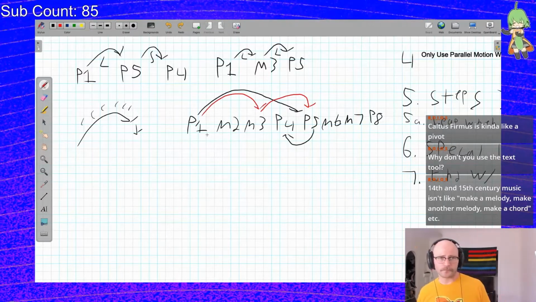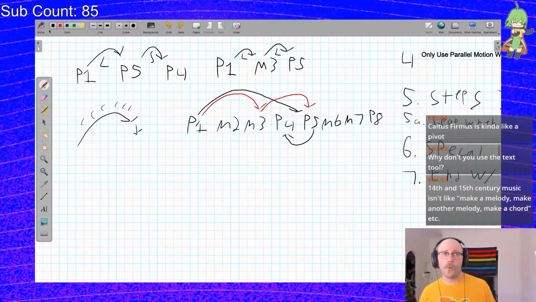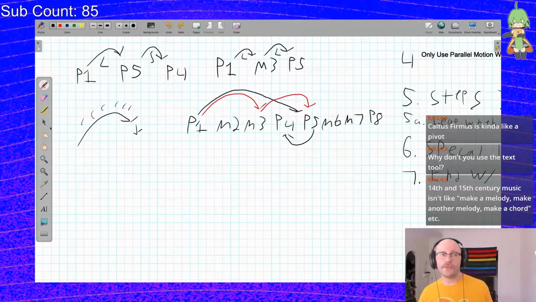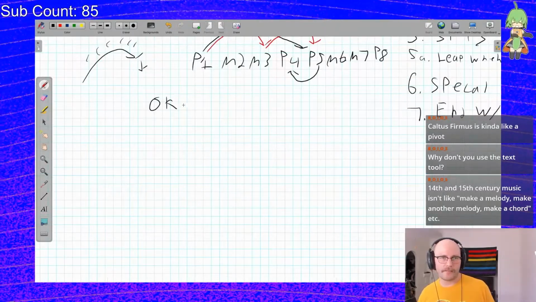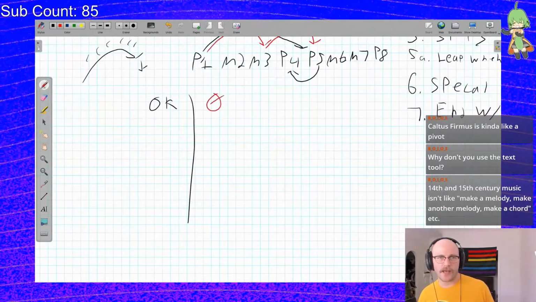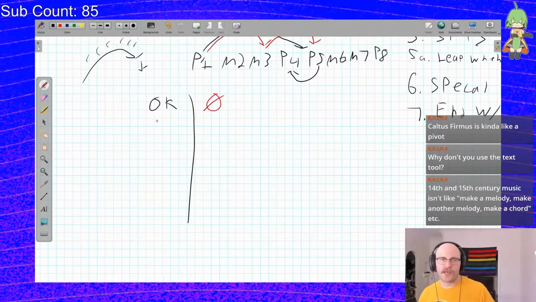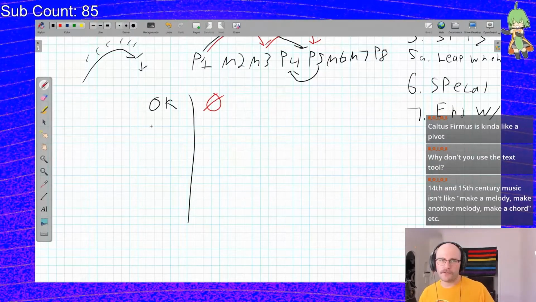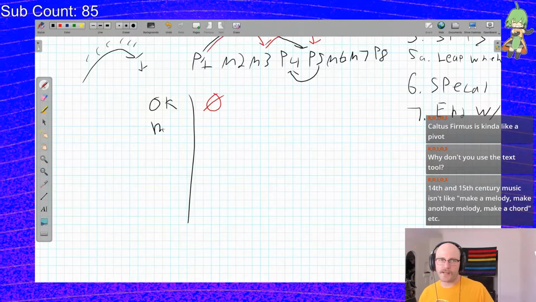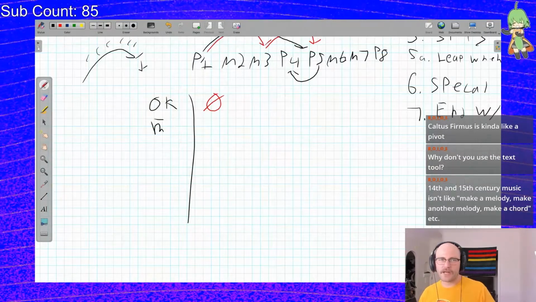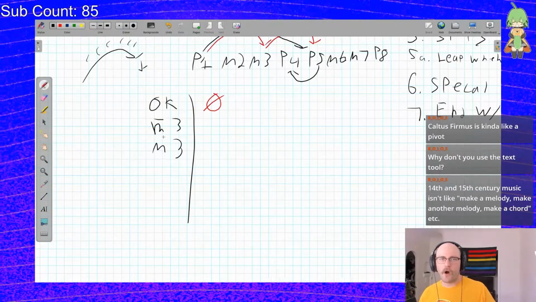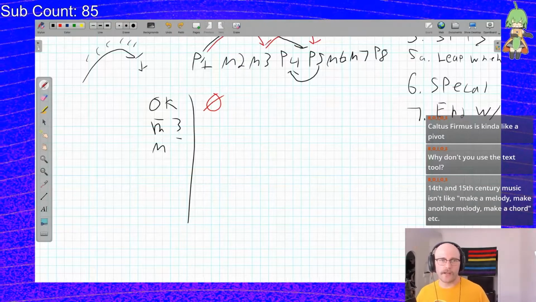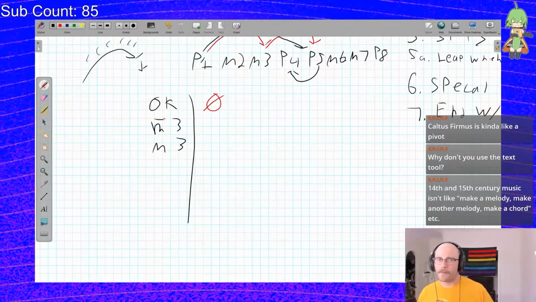Now, that being said, what notes can you leap to? Okay and not okay. So you can always do a minor or a major third. You can always leap a minor third.